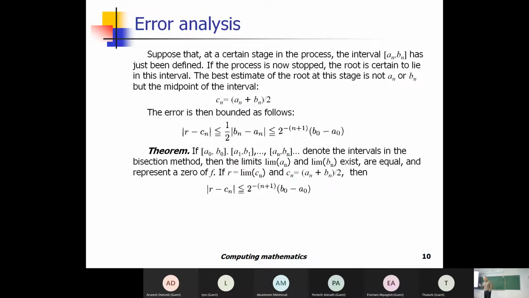This is the error, the absolute error. And the absolute error is smaller or equal to 1 over 2 times bn minus an, that is smaller or equal to 2 power minus n plus 1 times b0 minus a0.